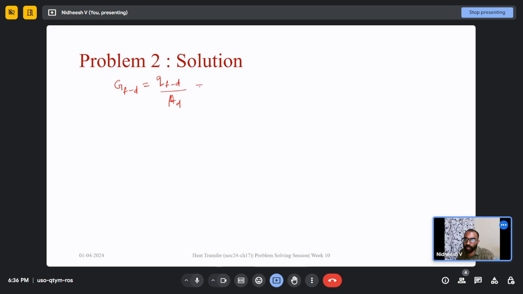Again we can write the same thing. This is intensity of emission from the furnace multiplied by area of the furnace into cos theta of the furnace, with the solid angle omega detector furnace, divided by area of detector, right?